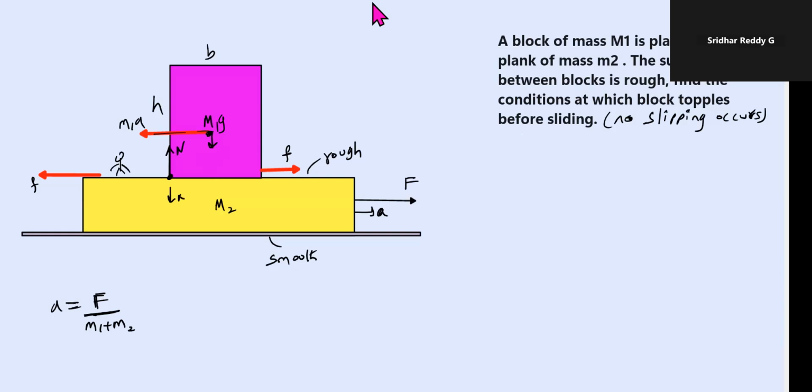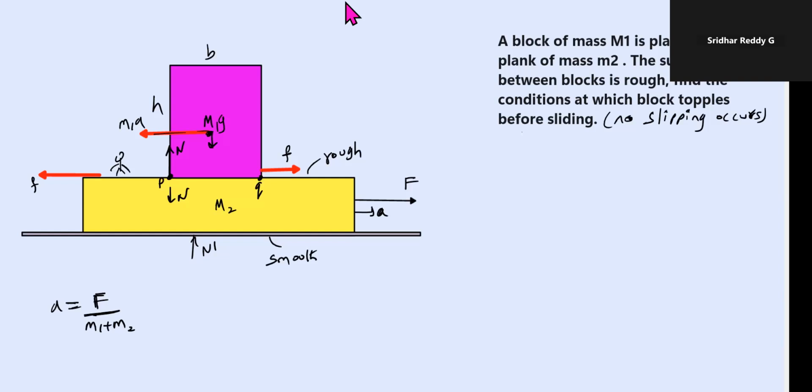Agreed, everyone? Okay, now there's a point P I'm choosing, and a Q. We should discuss toppling about P, not about Q, because the block has a tendency to topple like this about P.